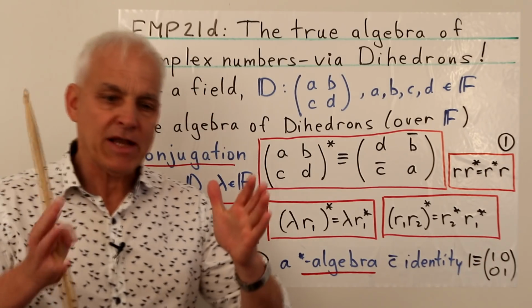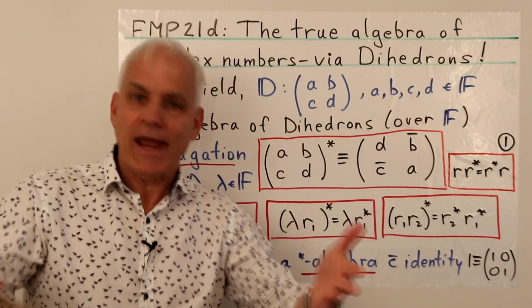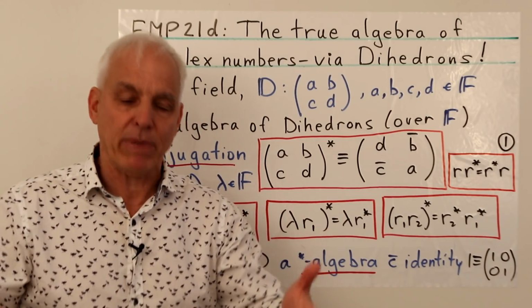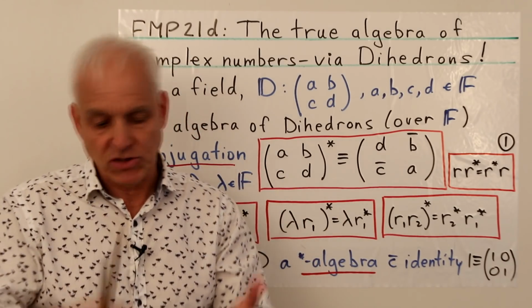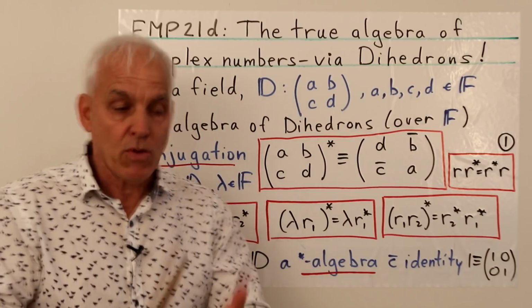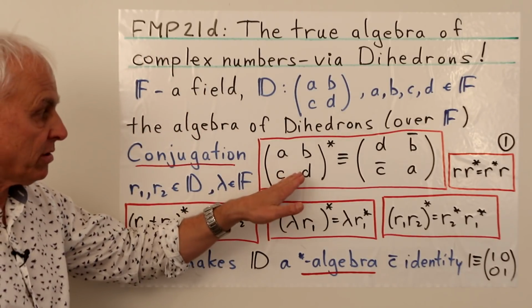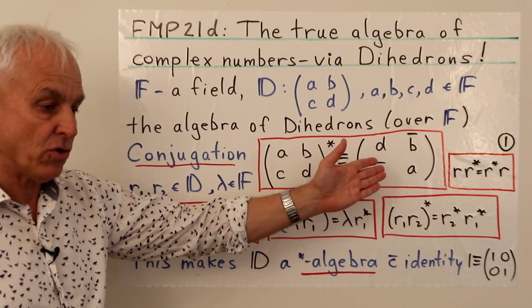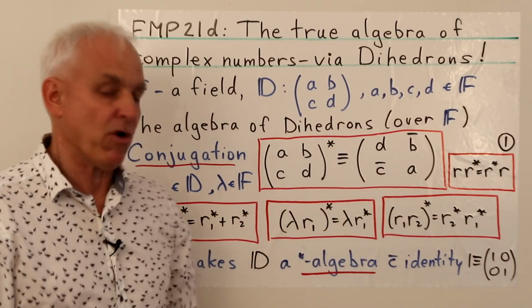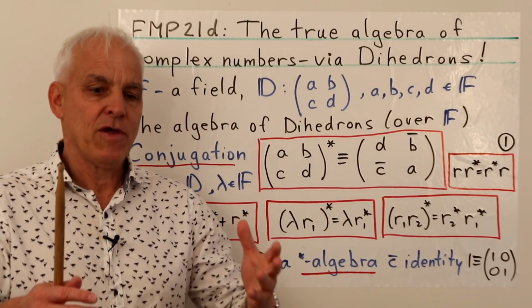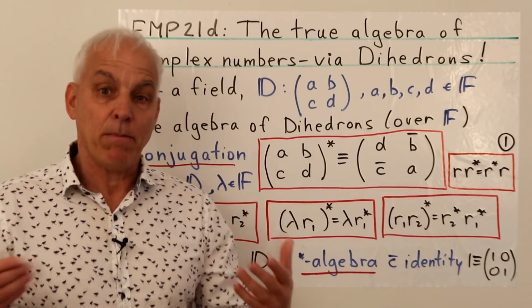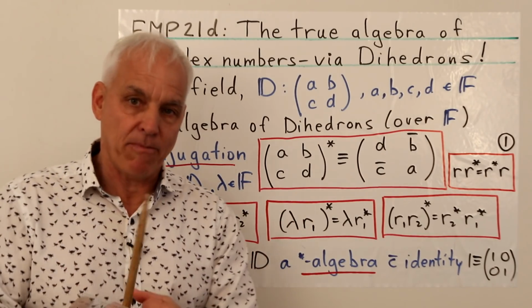So this is a very nice starting point. If you had to explain what's going on to somebody, this is a good starting point: we're starting with the dihedron algebra, which has this crucial conjugation, basically the classical adjoint or adjugate, that has these very nice properties. That is the setting in which complex numbers are built up.